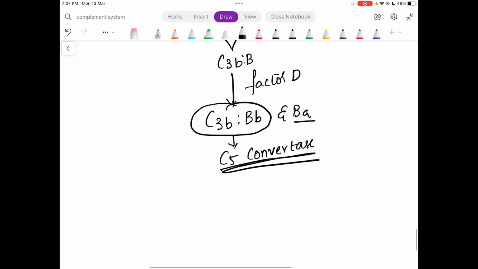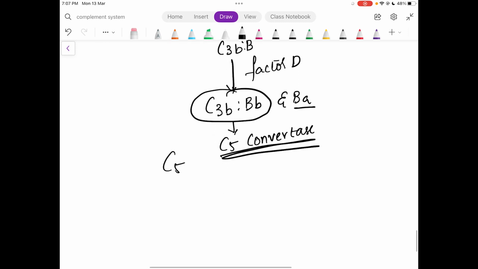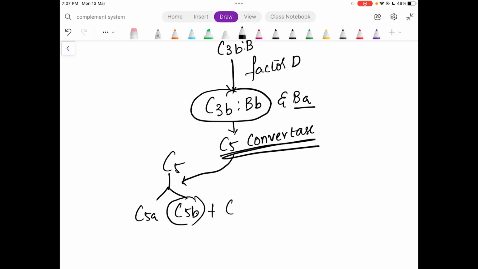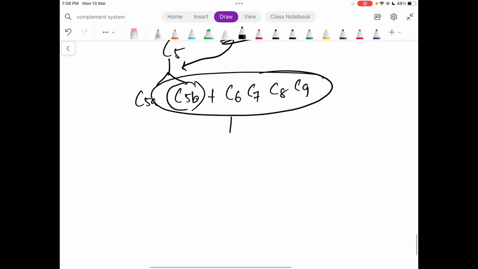It is called as a C5 convertase. It will convert C5 into C5A and C5B. And C5B will form a complex with C6, C7, C8 and C9. Together they are called as membrane attack complex.